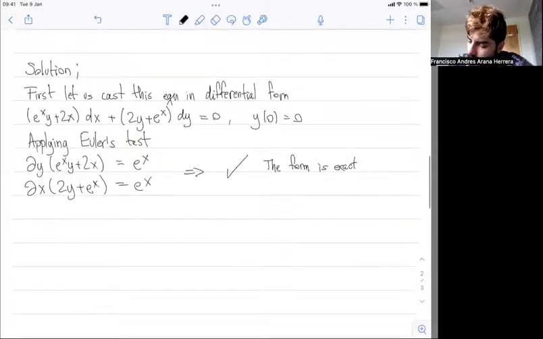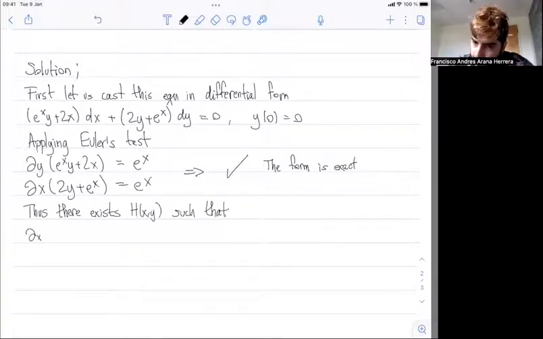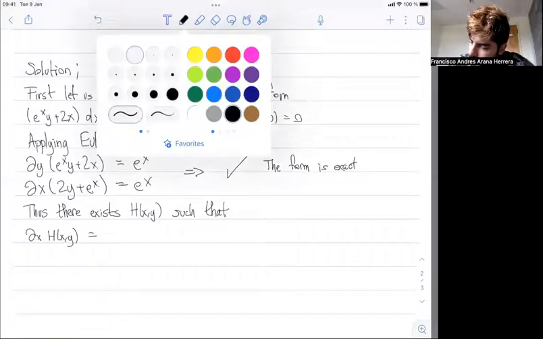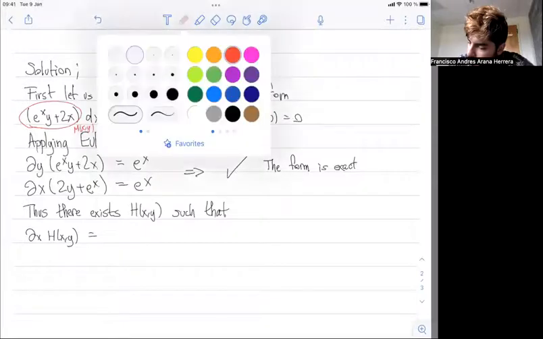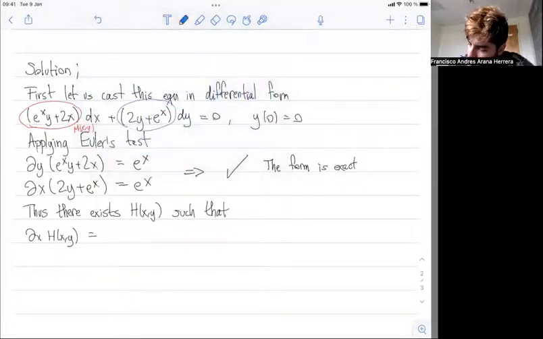So this means that, by Euler's criterion, there exists an integral h of xy such that the partial x of h is equal to this M function. Maybe let's say that to make it clearer: according to our notation, this guy here is M of xy, and this guy here is N of xy.